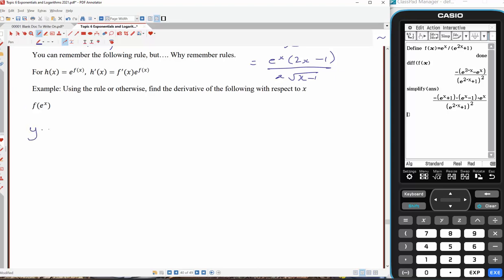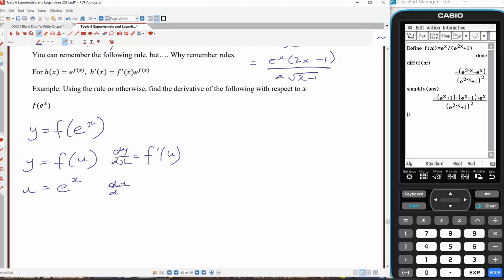So I'm going to say that y equals f(e^x), y equals the function f(u), where u is equal to e^x. dy/du equals f'(u), du/dx equals e^x.